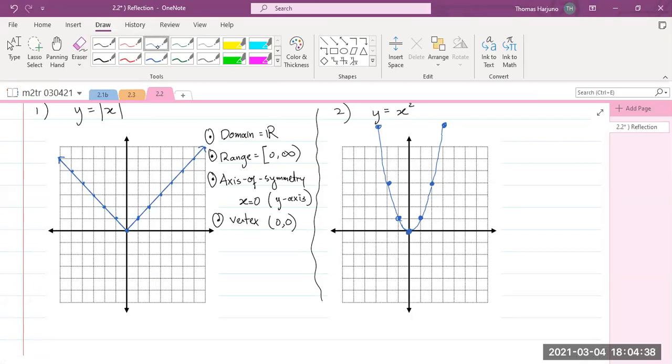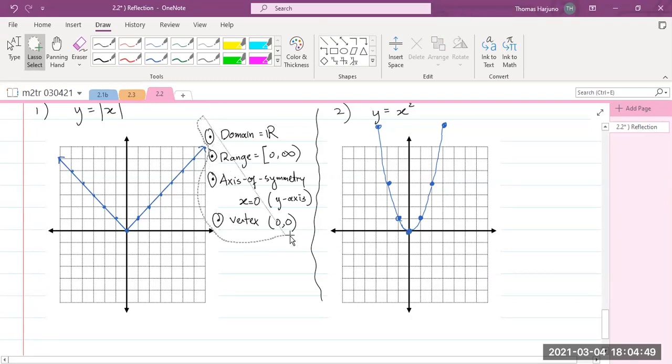Then, about the domain, range, everything, you will see that whatever we have here applies the same way there. So let me just copy this.